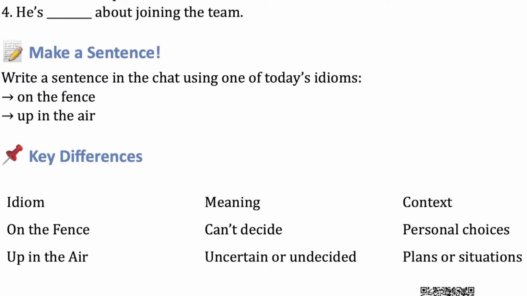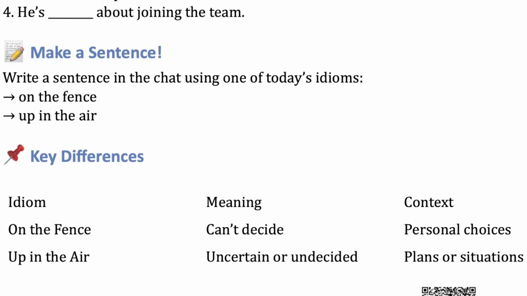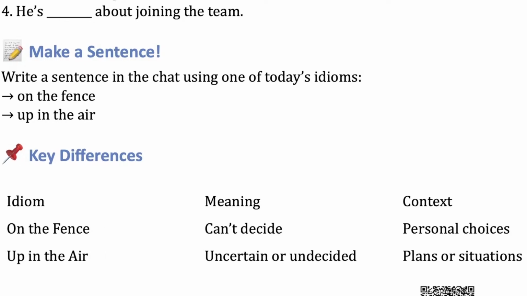Right, so here are the key differences. So on the fence means you can't decide, and it's a personal choice. And then up in the air, uncertainty, undecided, plans or situations.